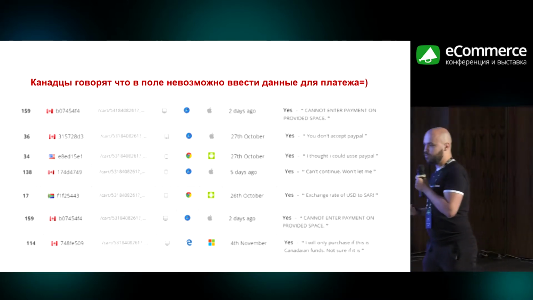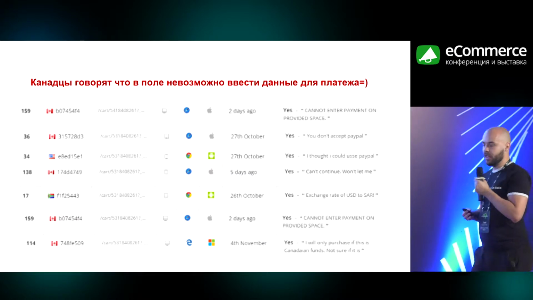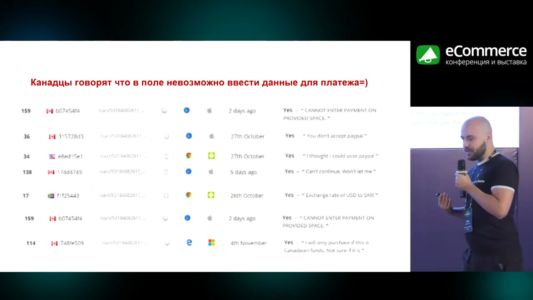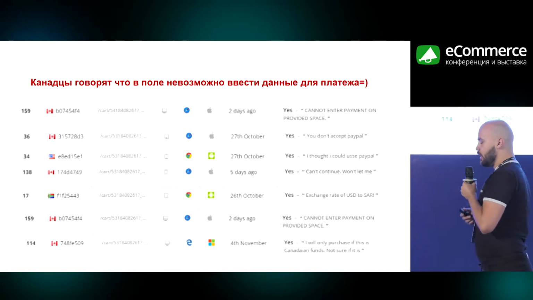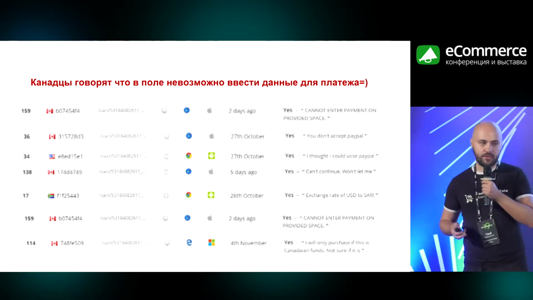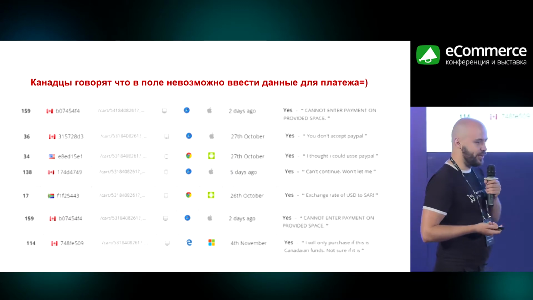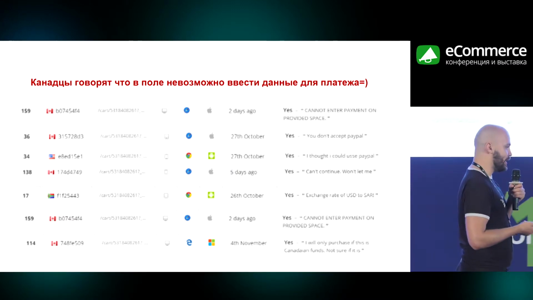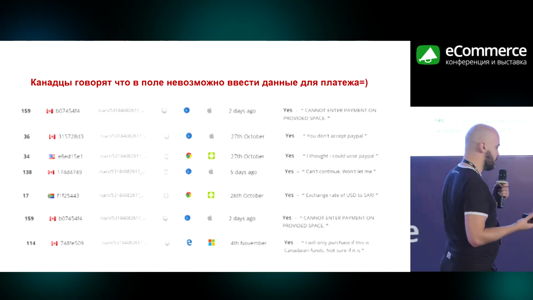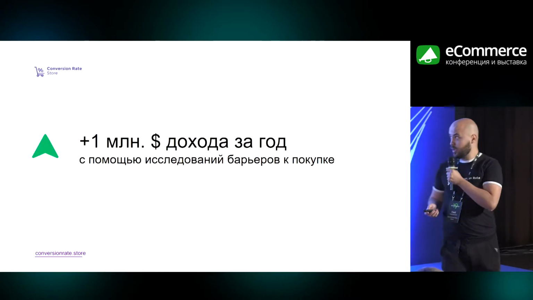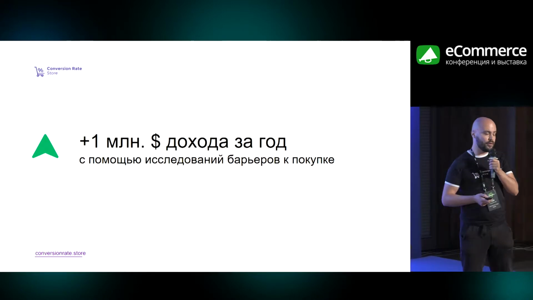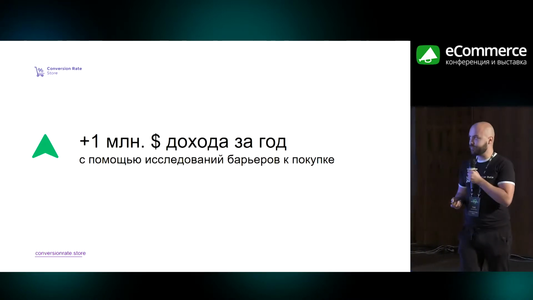So we did online polls for a Canadian audience, and Canadians complained that the format of this field was not working for them. It was not working for the majority of Canadian zip codes. So they simply can't buy, because the checkout doesn't accept their true format of the zip code. And that costs $1 million annually for this company.